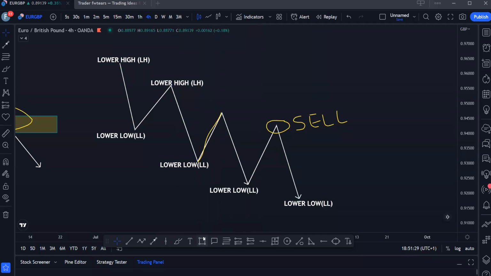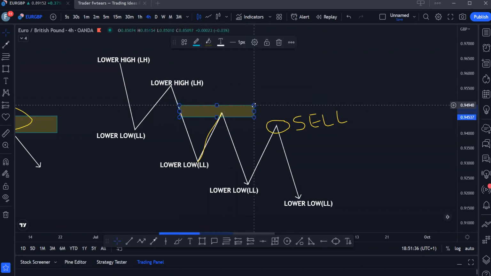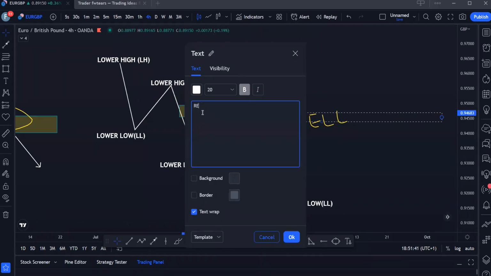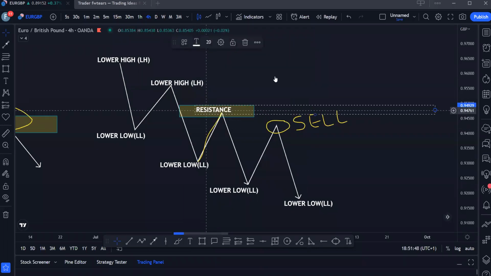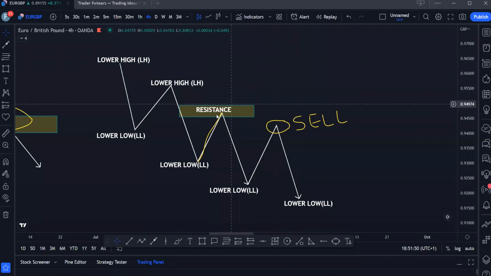So over here now, for price to drop, there'll be a resistance zone somewhere around here. So this would be a resistance. It is at that resistance zone, and it also aligns with the lower high because price has retraced. So you want price to retrace into a resistance zone.